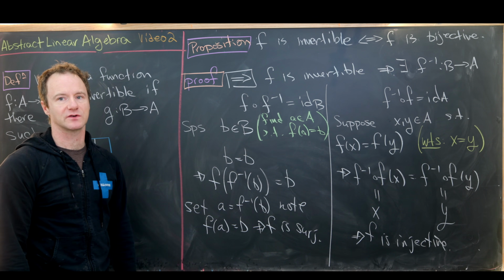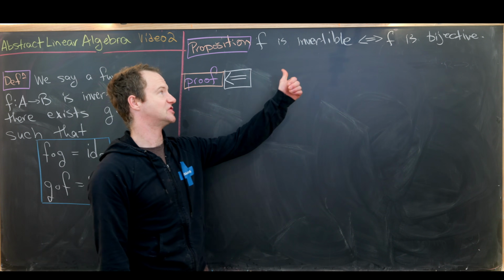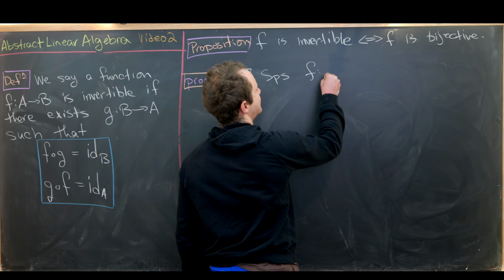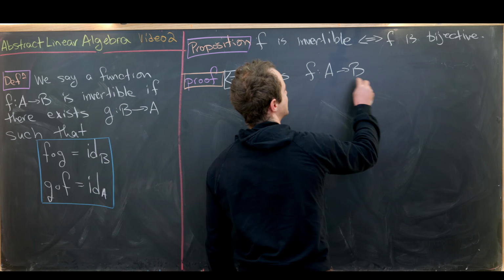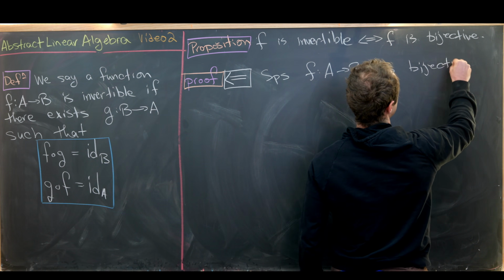Now let's move on to the reverse direction. Now let's prove the reverse direction, and that is if F is bijective, then it's invertible. So let's suppose that F, from A to B, is bijective.